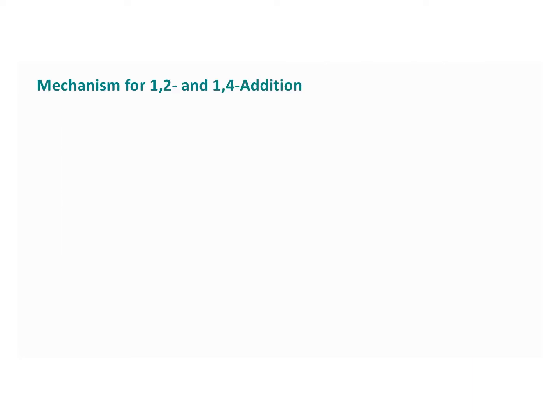Now, both reactions are produced from the same general mechanism, and I want to show you this mechanism. So let's start with just one of the simplest conjugated double bonds we can have.